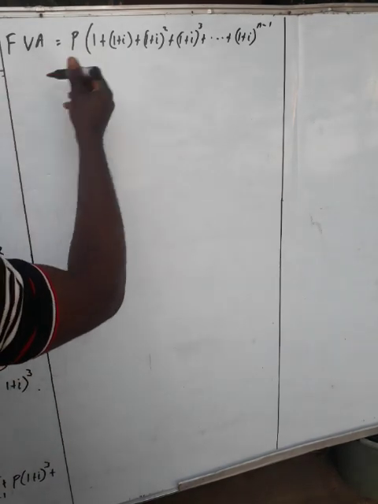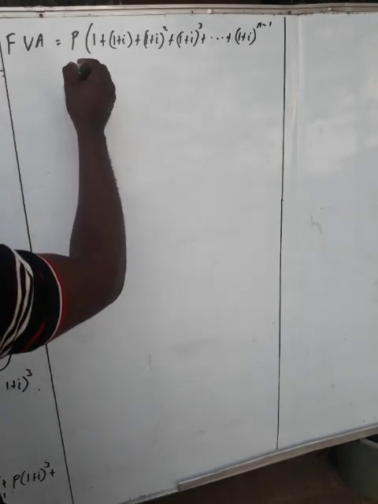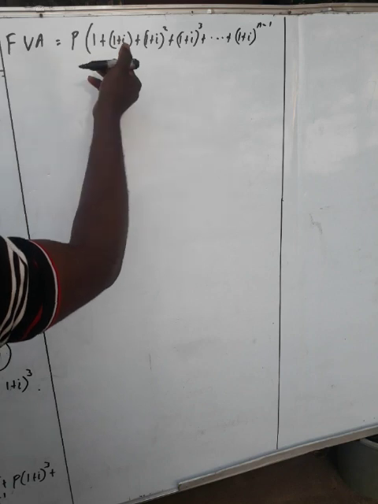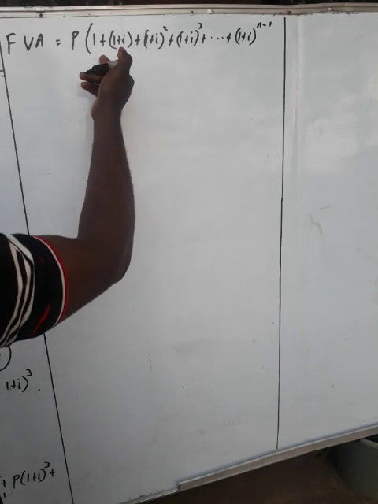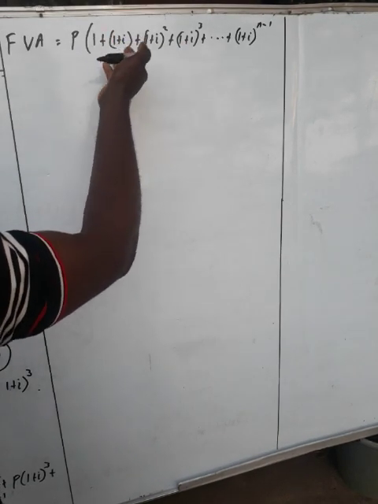A geometric series is a series because the binary operation there is addition.